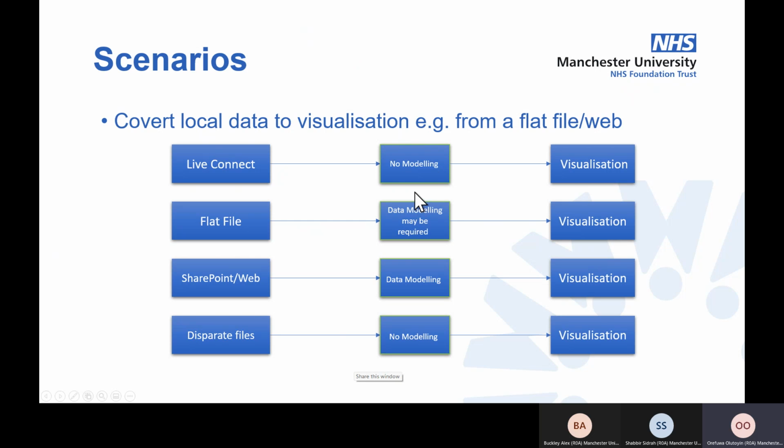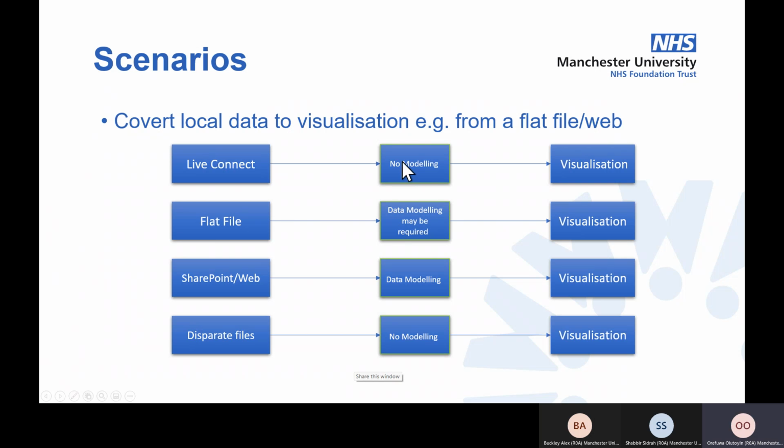Sometimes we might need to model, sometimes there's no modeling involved. Definitely with live connection, we don't have to model because all that has been done for us. With flat files, you might need to just work on your flat files or your Excel spreadsheet directly, or, like I've done, break it down into various dimensions.